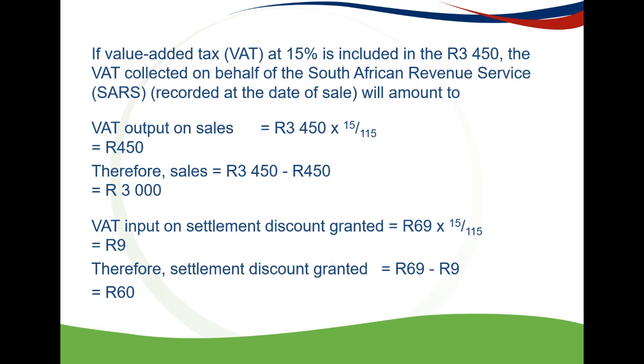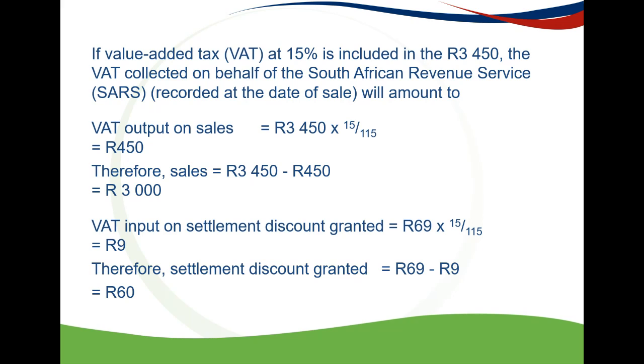Now, we know VAT is always applicable. During your sale, your VAT was applicable, and also with your settlement discount granted, there will be a VAT implication. Now, if the value added tax is 15% and it's included in the 3,450, the VAT collected on behalf of the South African Revenue Service recorded in this sale will amount to 450.